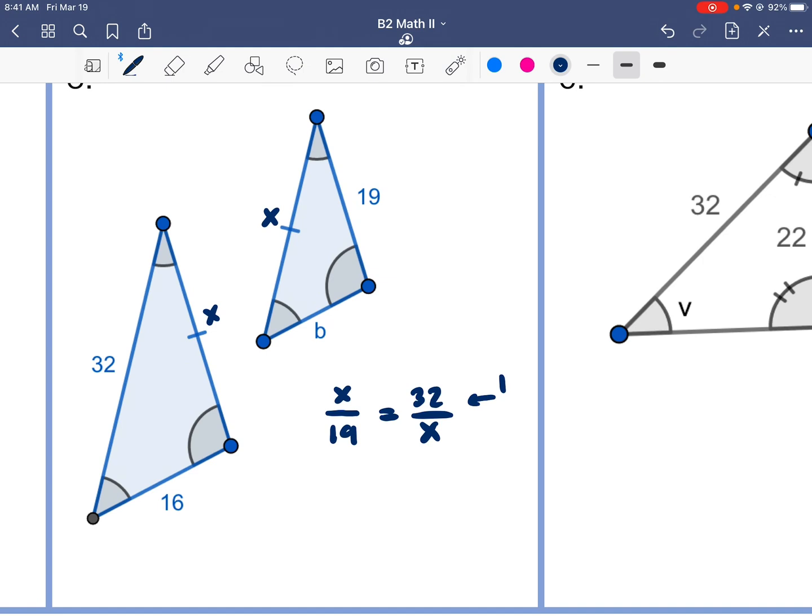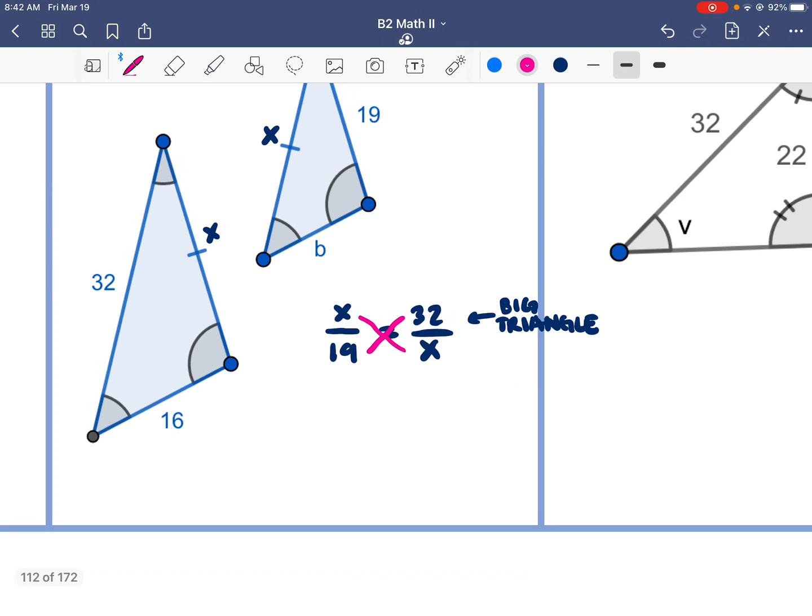The same triangle on the top and on the bottom. So this is like the larger triangle. And the big triangle is always on the top of the fractions, and then the small triangle is always on the bottom.